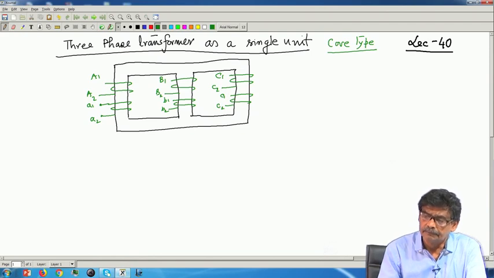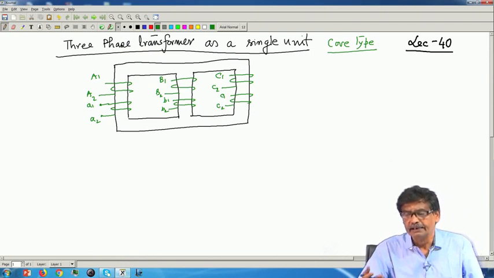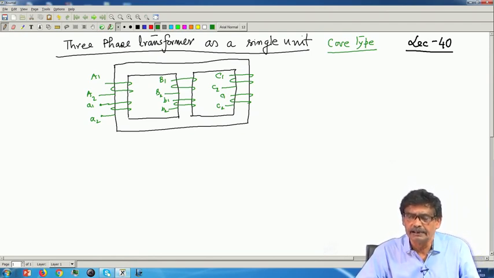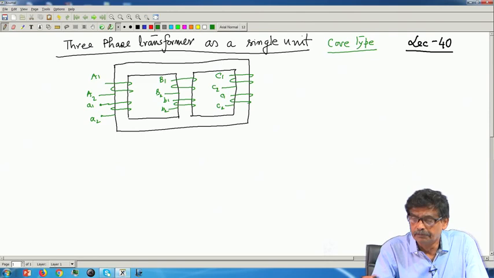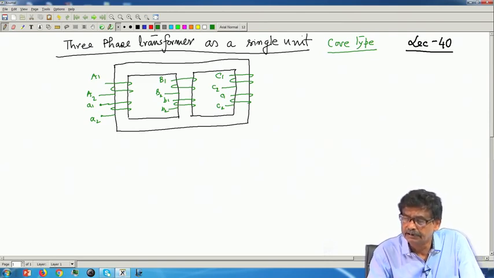And so, basically the analysis will remain the same as that of a bank of 3 single phase transformers. That is the representation of this in terms of coils.